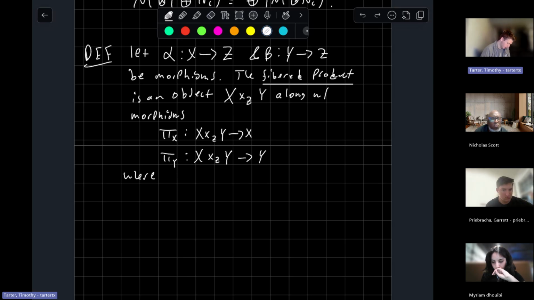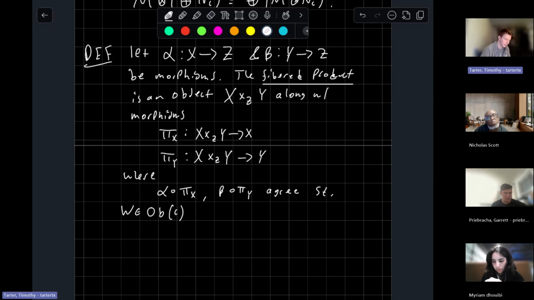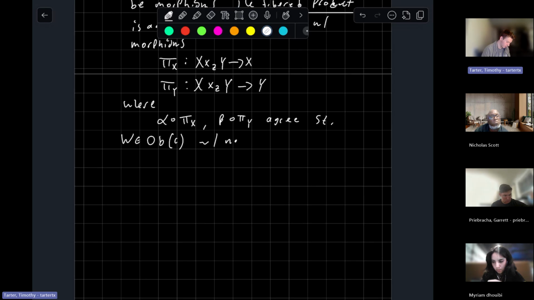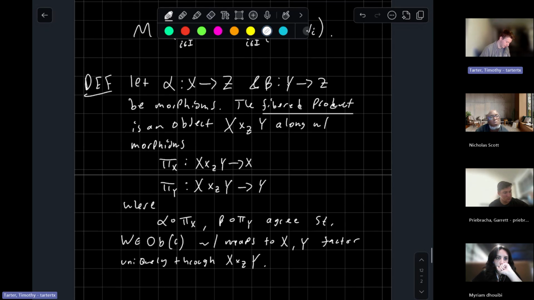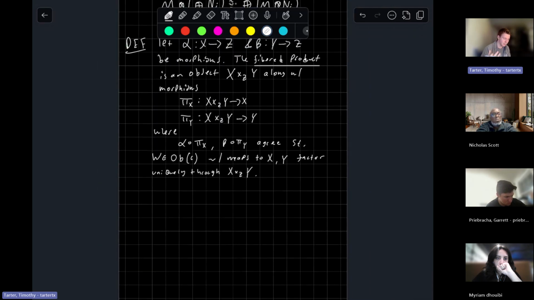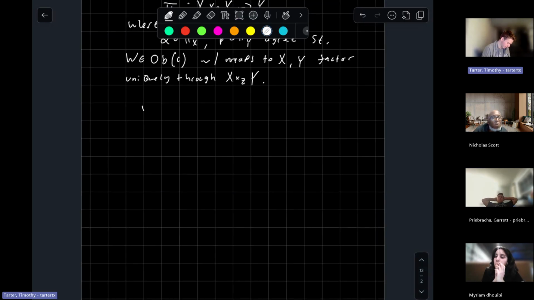Where the two compositions, alpha composed with pi X and beta composed with pi Y, agree, such that any W in ob C with maps to X and Y factor uniquely through X fibered product Y. And this is just the product, except they're pullbacks over Z. So here, the diagram's just going to make a lot more sense.